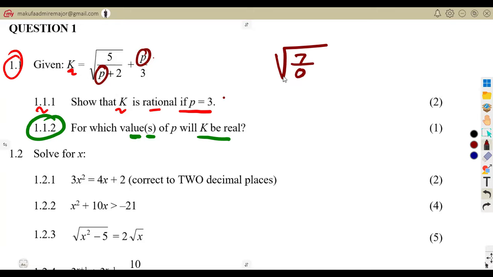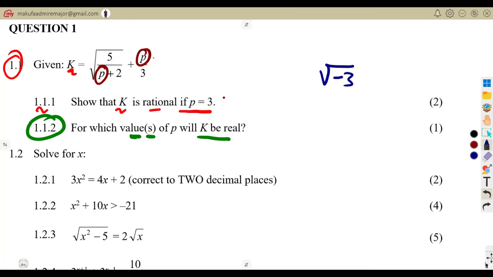Any number, once the denominator is 0 like this, we cannot simplify that. 7 over 0 cannot be simplified. So therefore, even the square root cannot be simplified. Let's consider the negative numbers, the square root of -3. Can we simplify this?